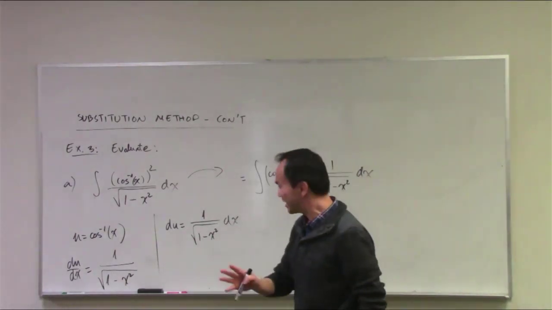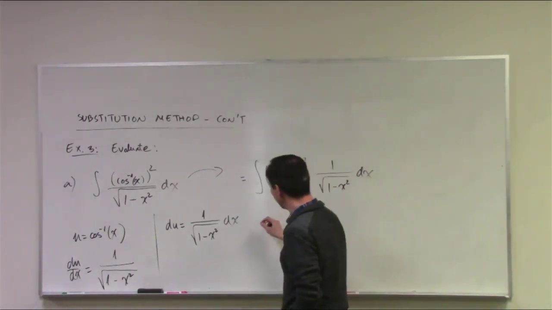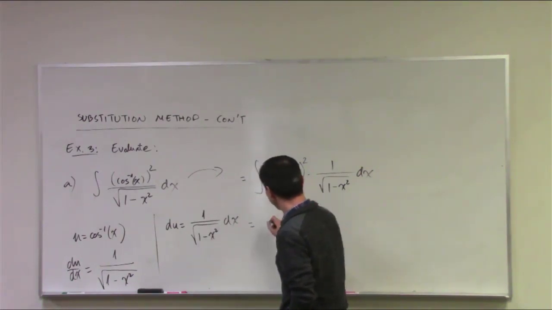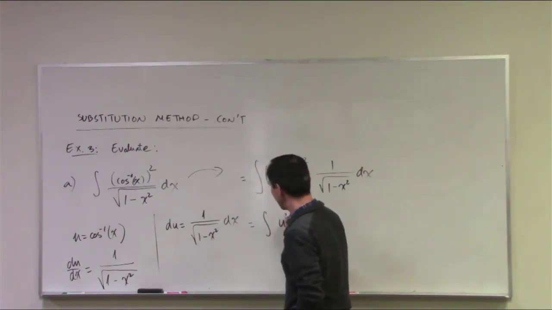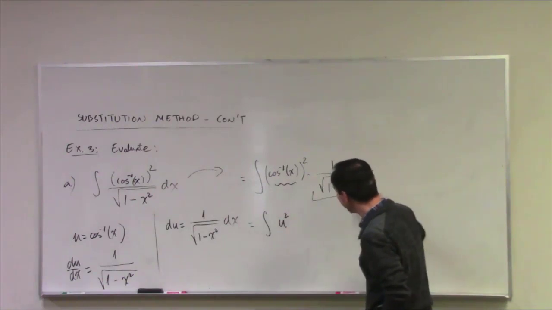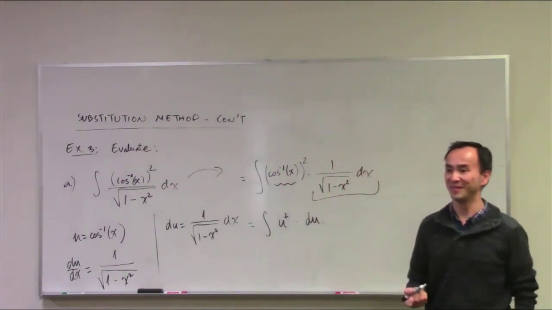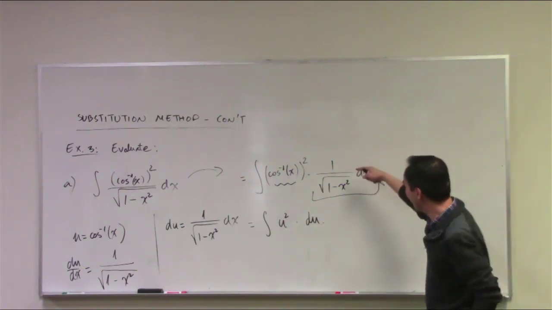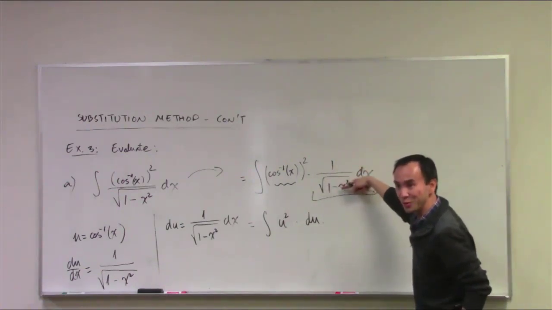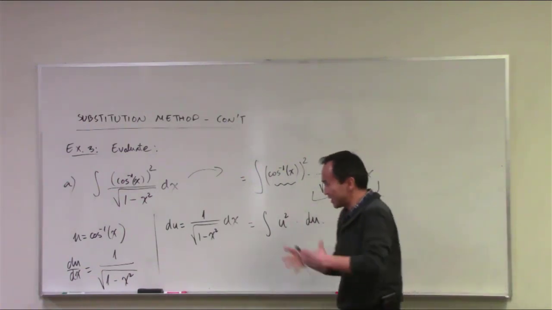So now when you put in all of the substitution elements, that becomes u squared, and all of that other part is substituted by du, because it's 1 over the square root and then the dx. So it's a substitution in the end.